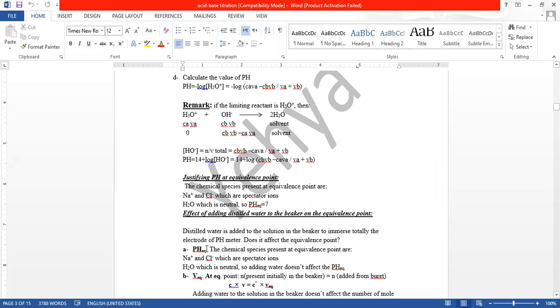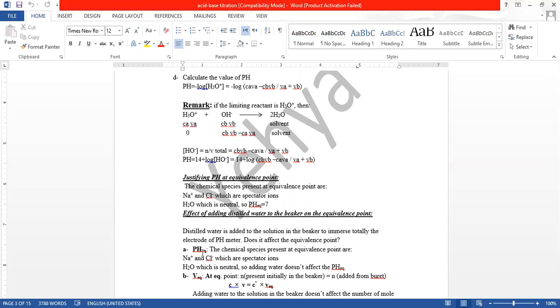In this case أنا عم بسألك عن الفوليوم at equivalence وعن البي اتش at equivalence. طيب how can we answer؟ الجواب هون no. Distilled water doesn't affect the equivalence point. Distilled water doesn't affect pH at equivalence and also doesn't affect volume added to reach equivalence.